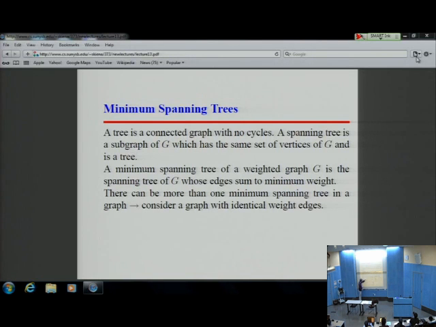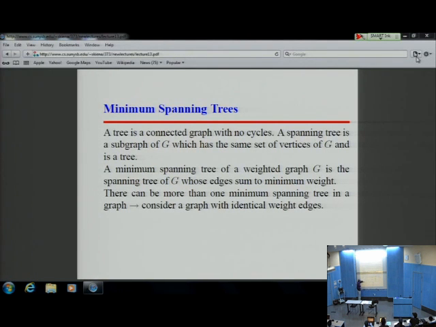What is a spanning tree of this graph? Any subset of edges which form a tree connecting all the vertices would be a spanning tree.